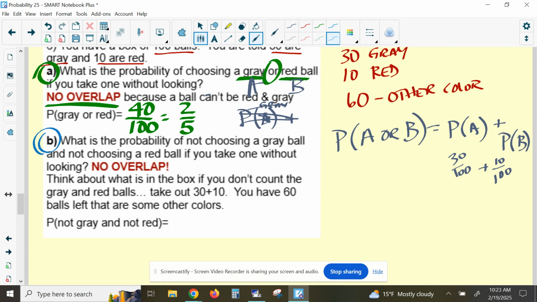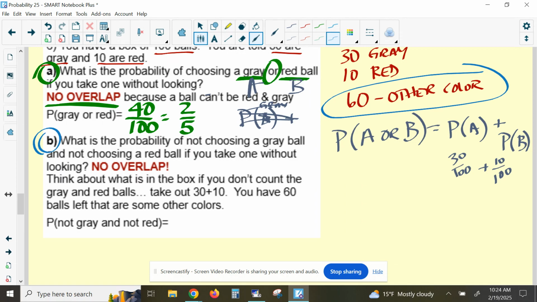Let's use some common sense. If I'm not allowed to choose a gray ball and I'm not allowed to choose a red ball, what am I allowed to choose then? I'm allowed to choose these guys, right? Okay, so those are the only things that I can choose.